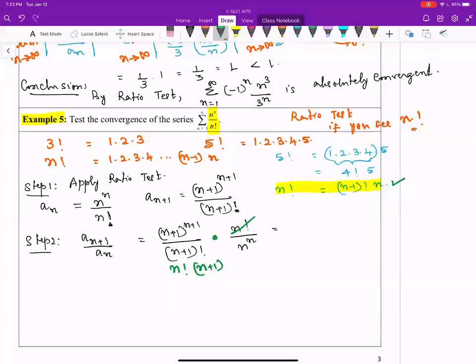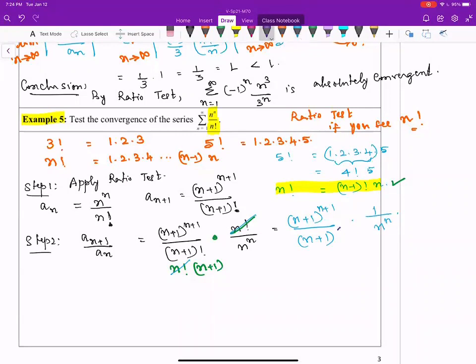The same technique that we mentioned earlier: n factorial times (n+1). So here, this factorial n gets cancelled out. And here we have n+1, and the numerator is (n+1) to the power n+1 divided by n+1. And along with that, we have 1 over n to the power n.